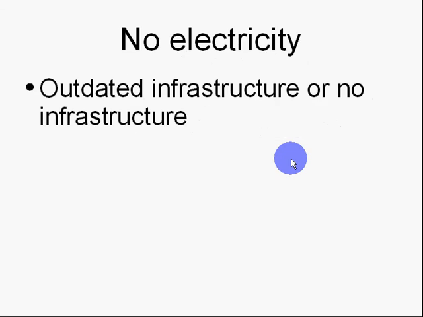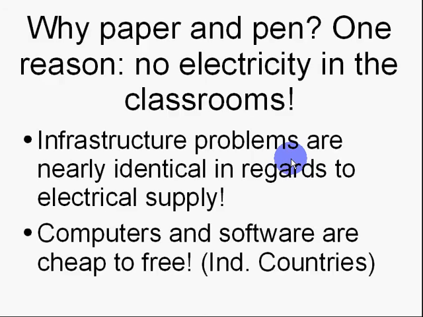And until there's a more concerted effort to use power over Ethernet or wireless technologies like the $100 laptop, teachers around the world will still be pushing paper and pencils. Infrastructure problems are nearly identical everywhere, but this shouldn't be a problem because computers and software, at least in the industrial countries, are free or cheap to free.